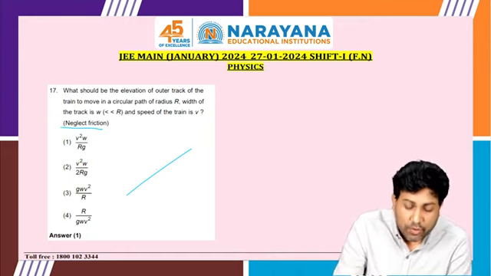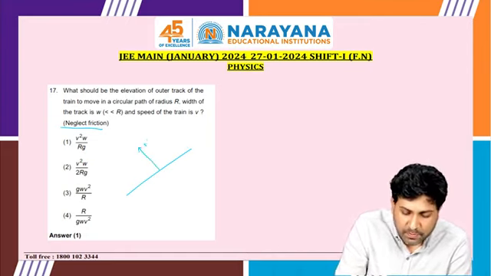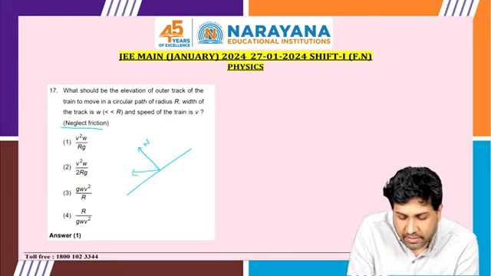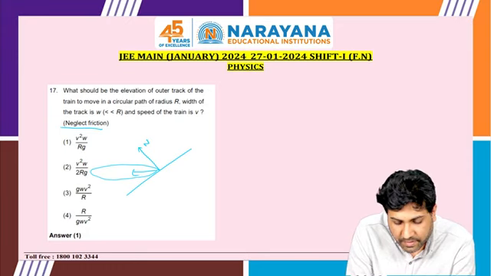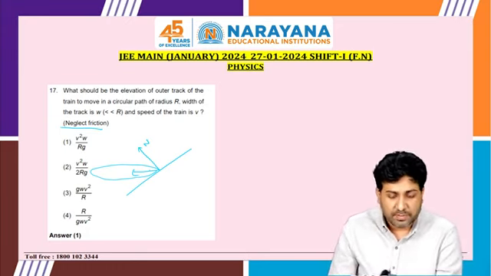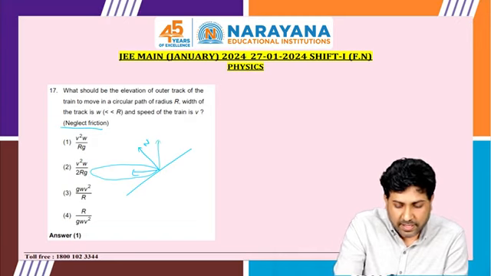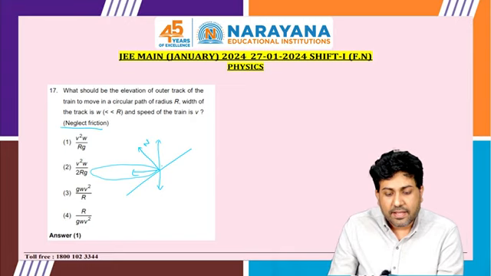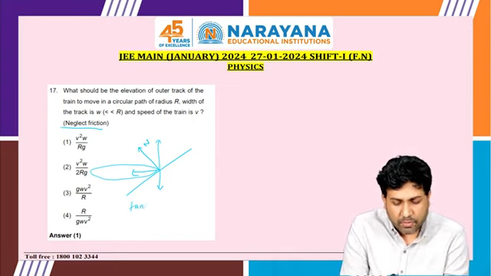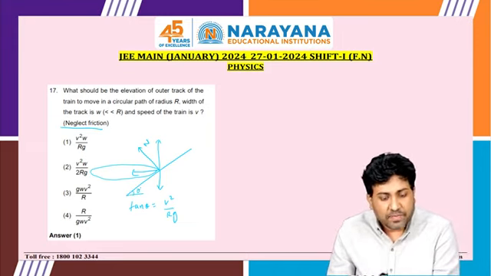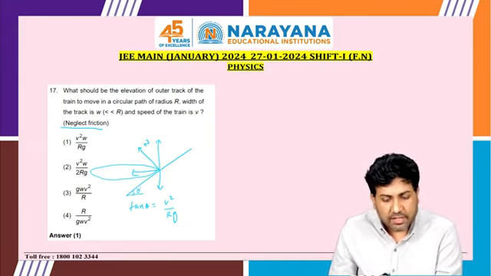Because there is no friction, only the normal force is providing the centripetal force which is required for the circle. In fact there is a component of the normal force which is providing the centripetal force, and this component of normal will be balanced with the gravity. I guess you know the formula, tan theta is equal to v square by rg, where theta here is the banking angle. So what should be the elevation?